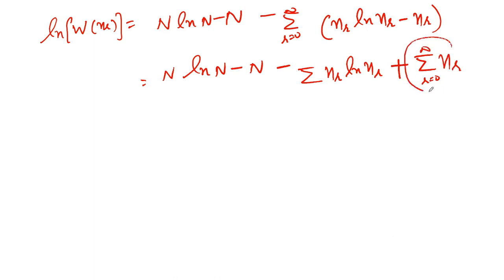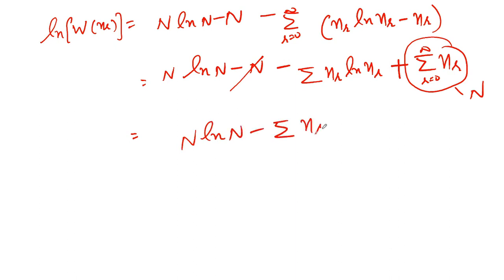This summation of nr is equal to capital N. So this plus N and this minus N get cancelled out, and what we are left with is N log N minus summation of nr log nr, where r varies from 0 to infinity. Let us say this is our equation number A.